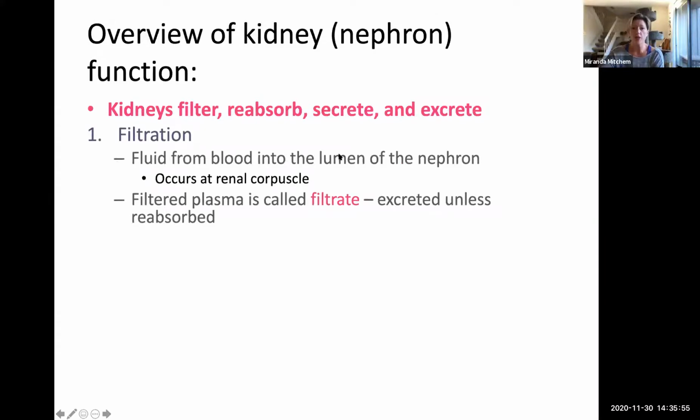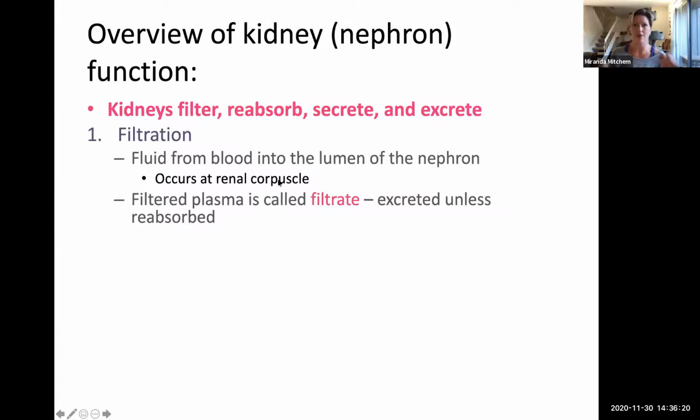So filtration comes from the blood going in through that afferent arteriole into the glomerulus, into the nephron. The structure of the glomerulus with the tubule, Bowman's capsule around it, that is what is called the renal corpuscle, that whole structure.